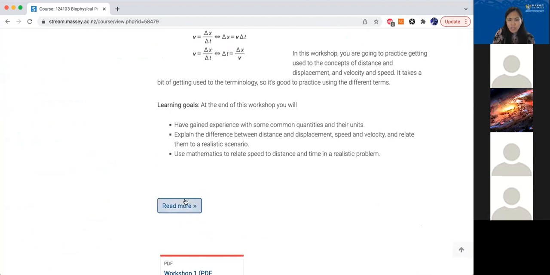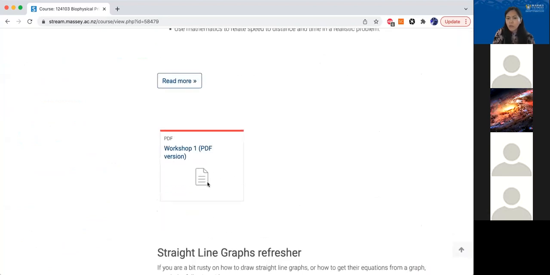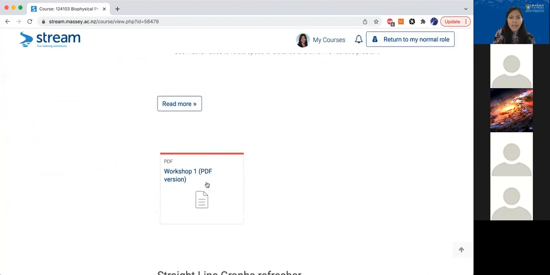You can read the workshop on stream, or download the PDF. Immediately after our workshop session, the solutions to the workshop problems will appear in the same place, right beside the worksheet.